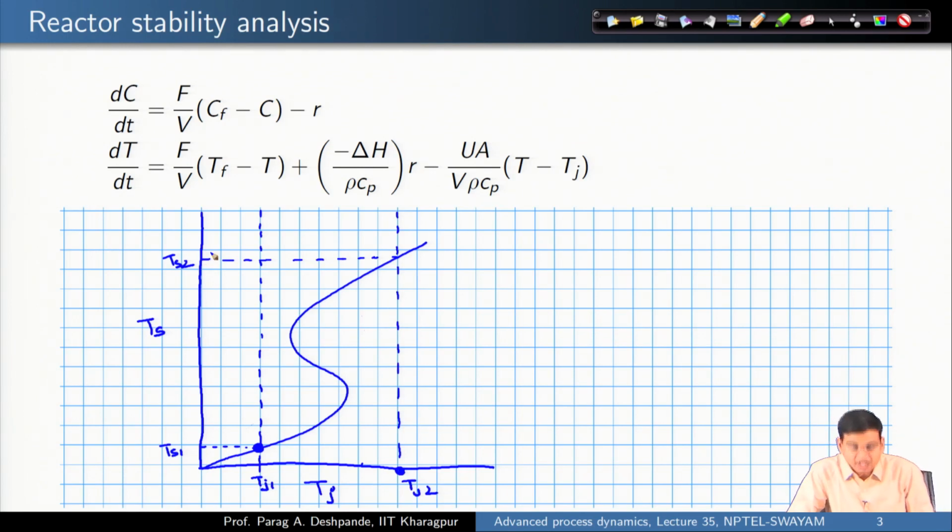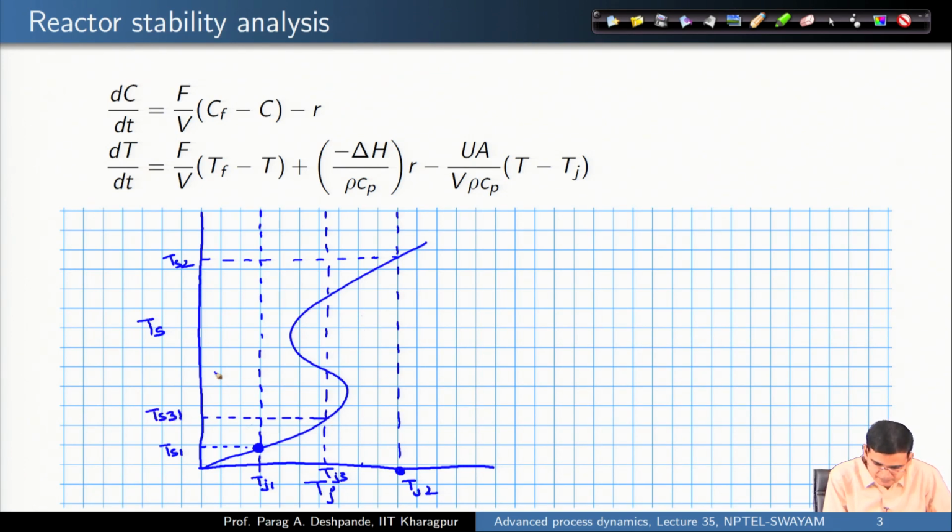Now, let us have a look into T jacket 3. For T jacket 3, you have T steady state 3 1, T steady state 3 2, and also T steady state 3 3.